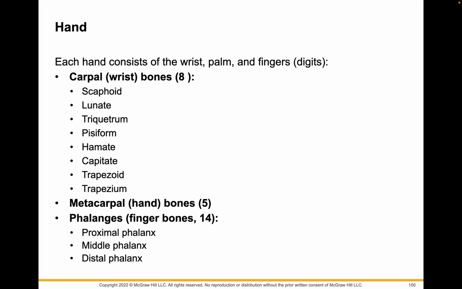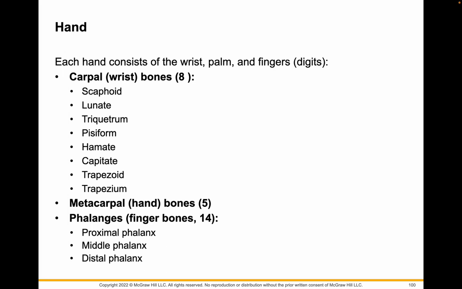All right, the hand, we have our wrist, our carpals, metacarpals, and phalanges. And phalanx is singular, so phalanges is the plural form. You do need to learn the bones of the wrist, and there is a saying in your book that helps you learn that, and you can Google.